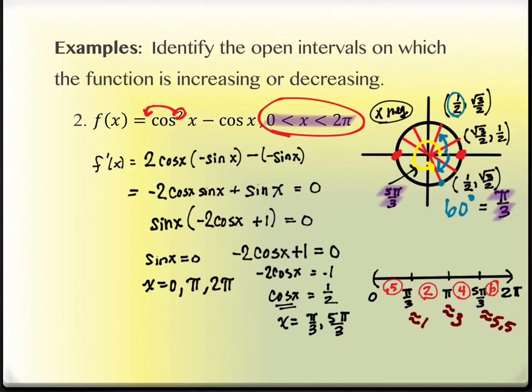It doesn't make any difference. This one is approximately 6.3-ish, okay? So grab a calculator, and you're just going to put in not cosine, you're going to put in your derivative function.